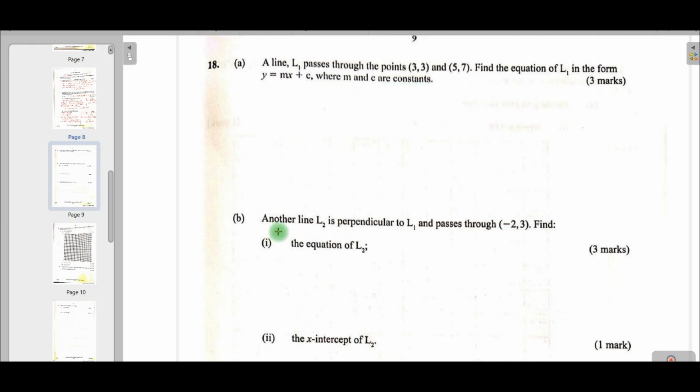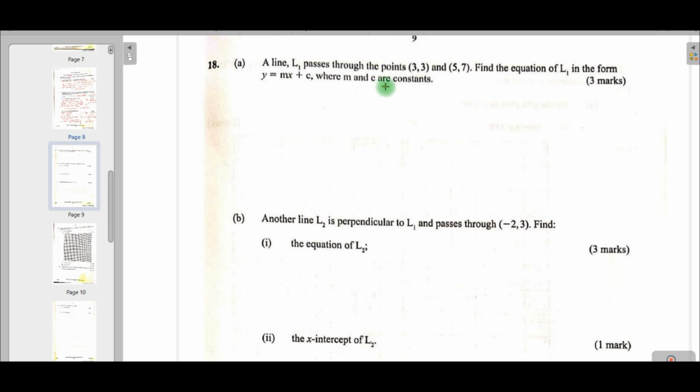Then after that, we are going to answer part B. Another line L2 is perpendicular to L1 and it passes through (-2, 3). Find the equation of L2 and the x-intercept of L2, and later we determine the point of intersection of L1 and L2. So let us do part A of the question.